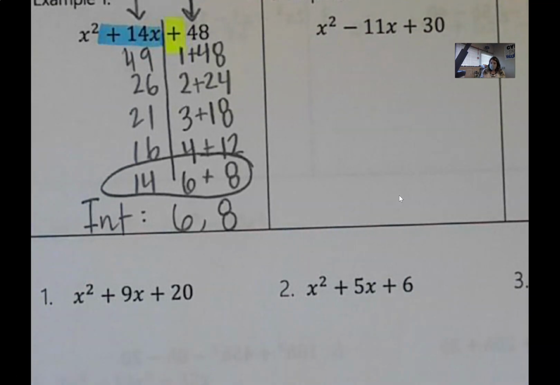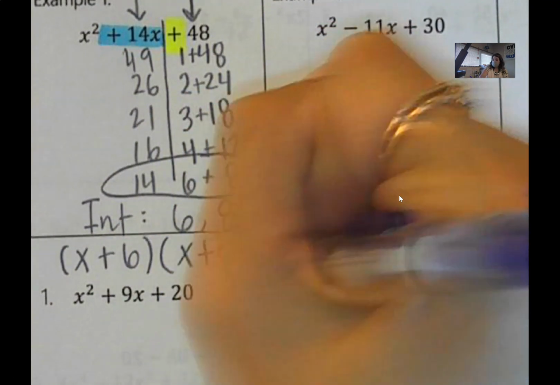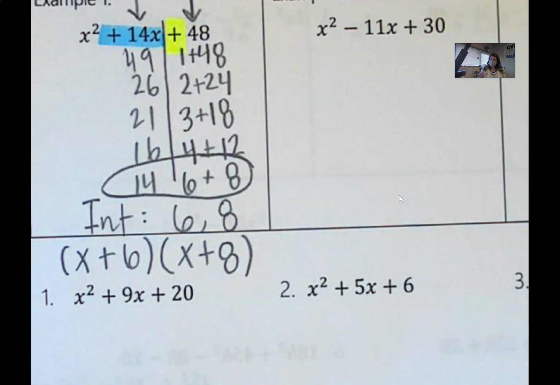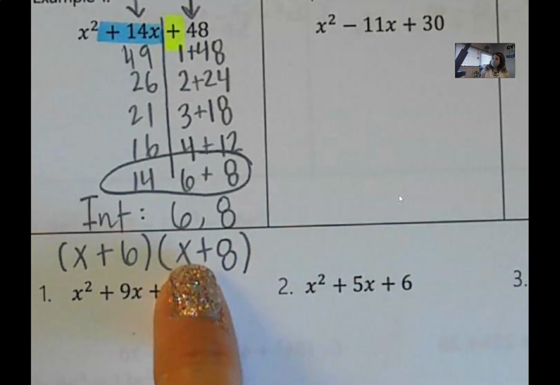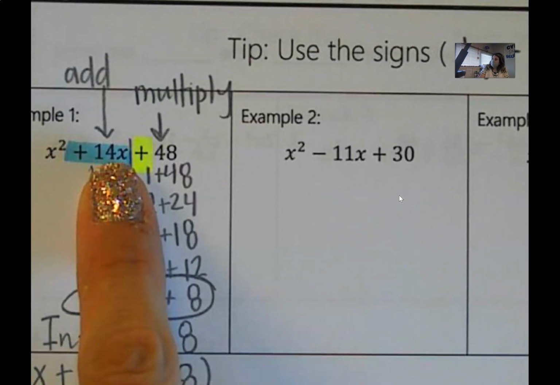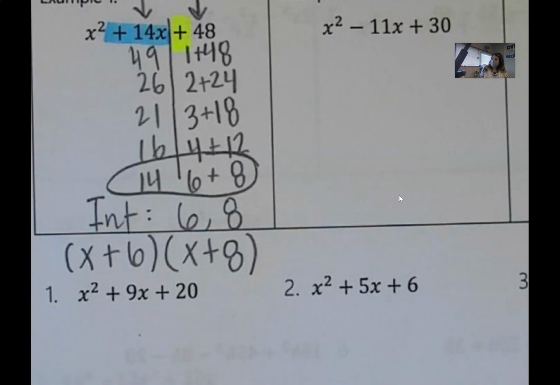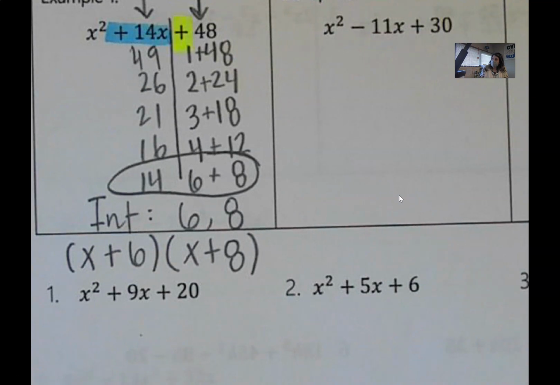And then other problems are going to ask you to write it as factors. So that means that this was x plus 6, x plus 8. So if we multiplied these two binomials together, like I just had you practice, they would give you this trinomial at the top. Are you feeling kind of okay about that?